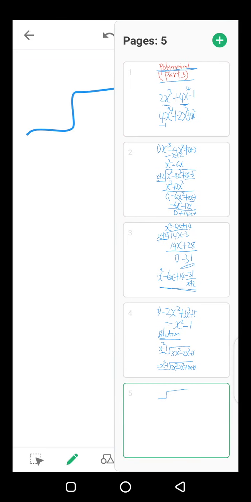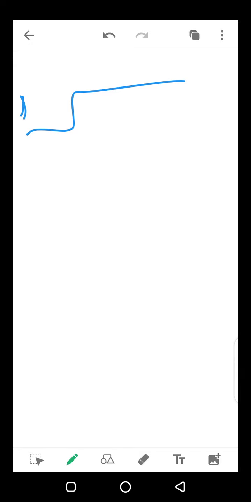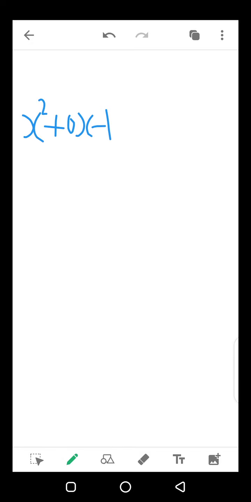It will become x raised to power 2 plus 0x minus 1. This is the divisor.